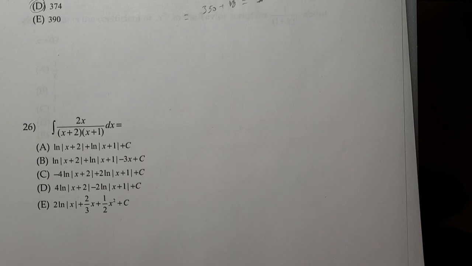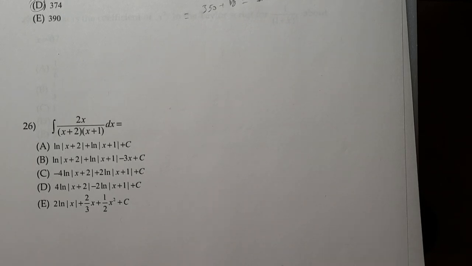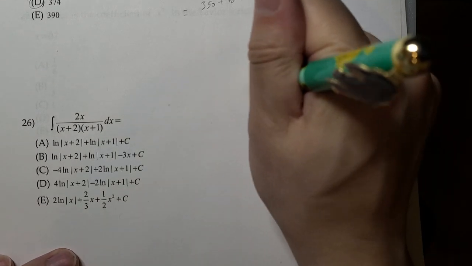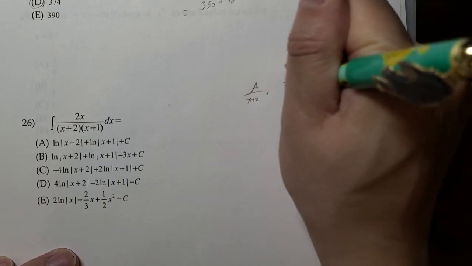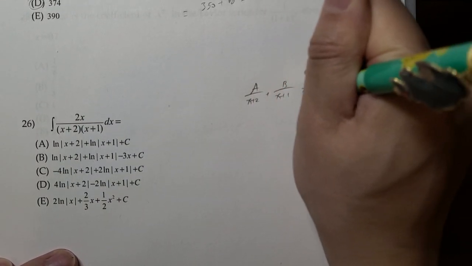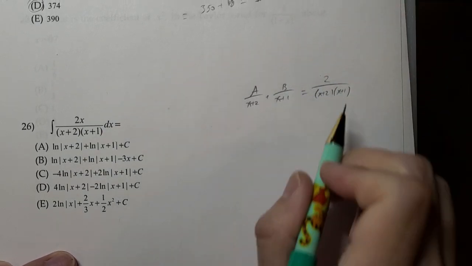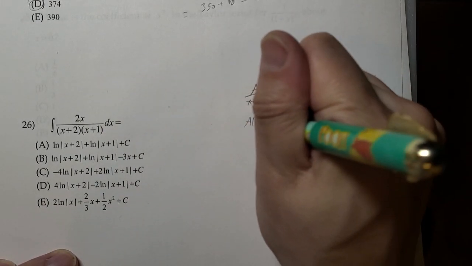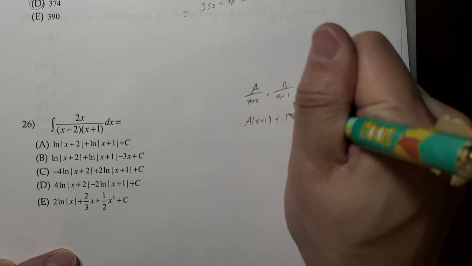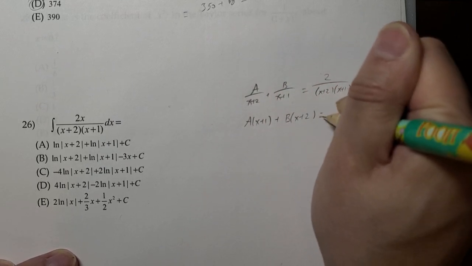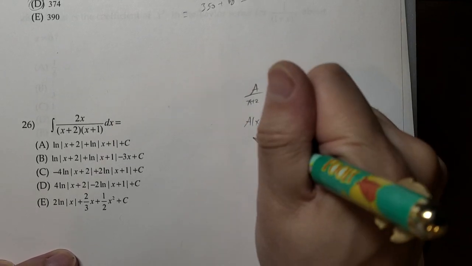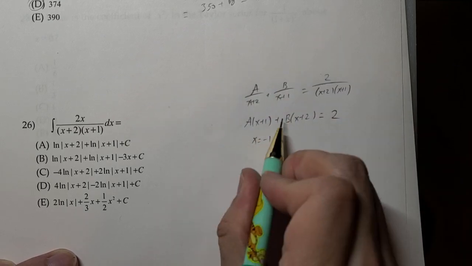This is clearly partial fraction decomposition. Hopefully you can tell. So let's do it. It would be A over x plus 2 plus B over x plus 1 is equal to 2 over (x plus 2)(x plus 1). Multiply both sides by this denominator. A times (x plus 1) plus B times (x plus 2) is equal to 2. Plug in easy numbers like x is negative 1. This would go away.